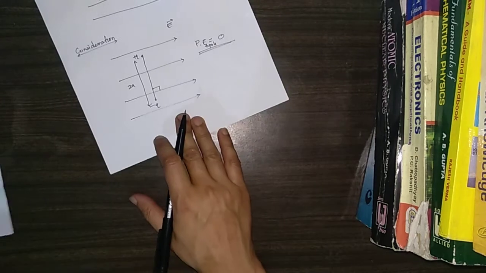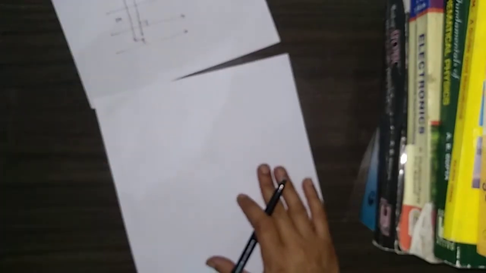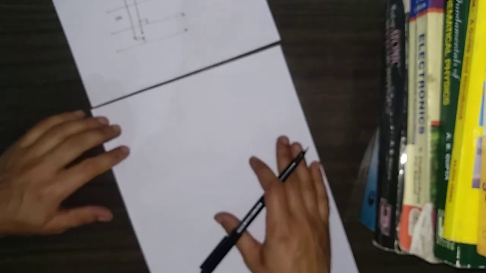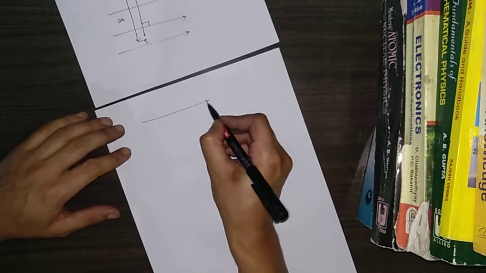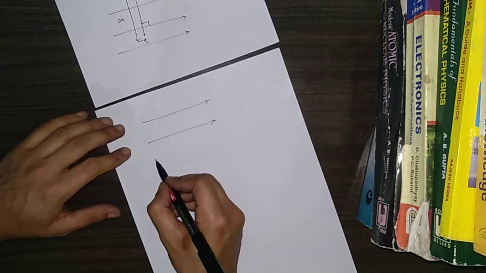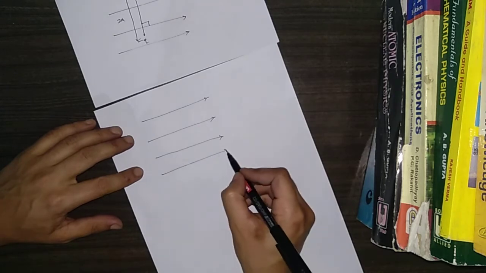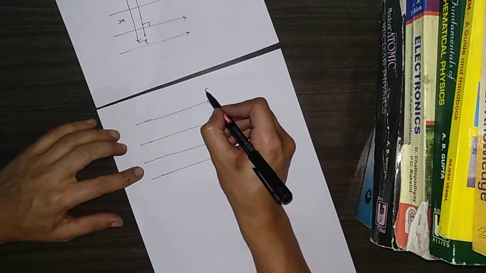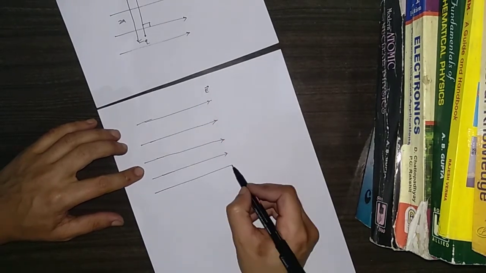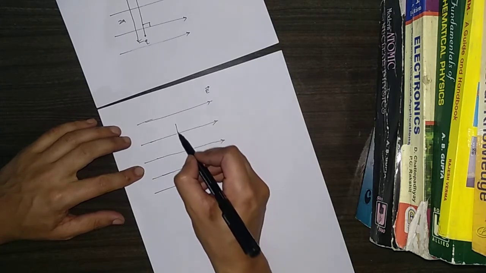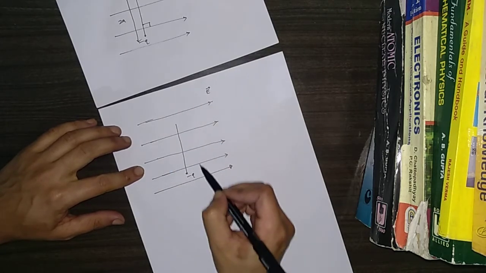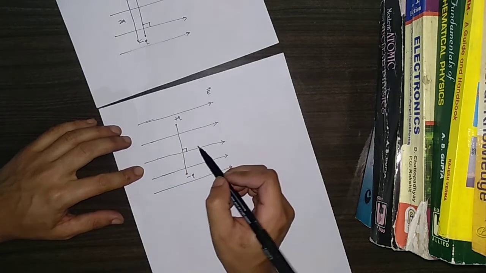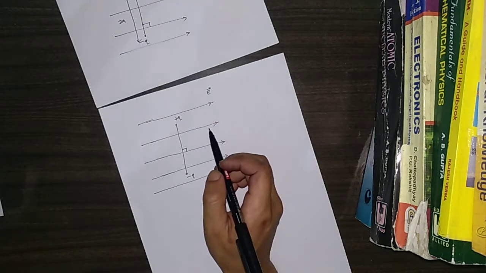Okay, so using that consideration, we are going to derive the potential energy of an electric dipole. So this is your uniform electric field, and the dipole is making 90 degrees with the electric field initially.